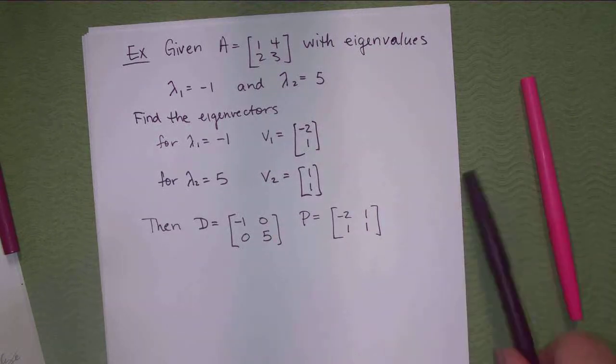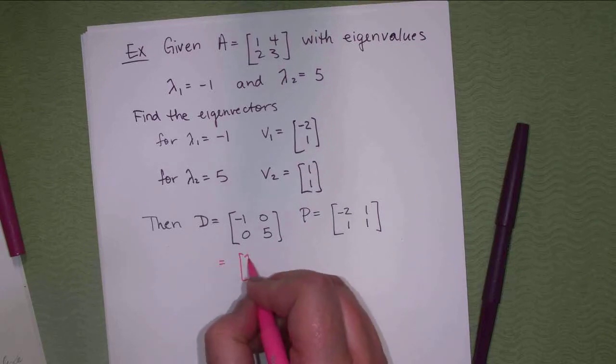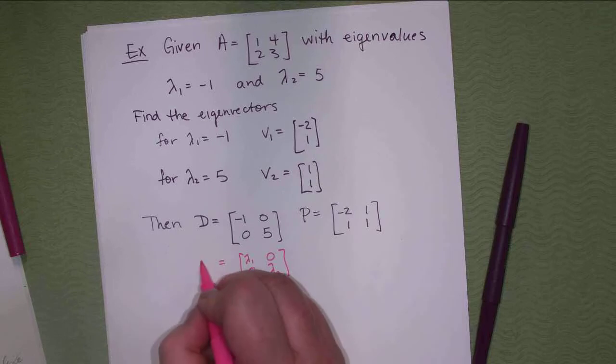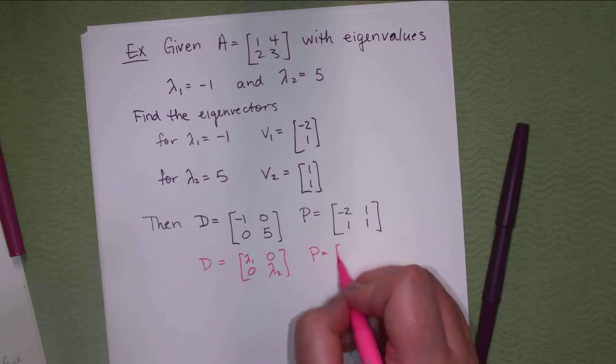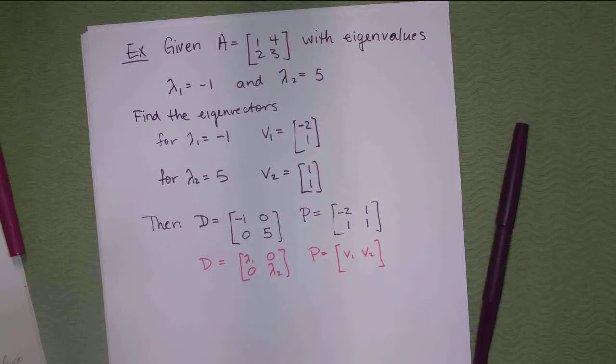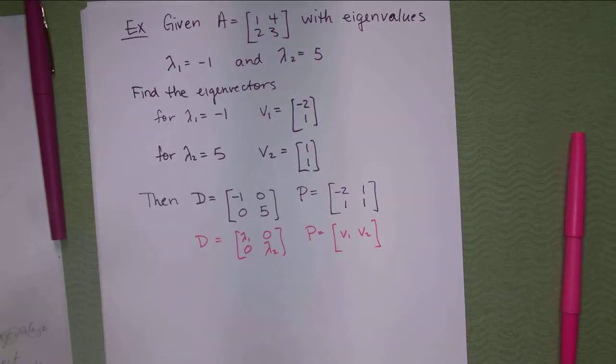And P is vector 1, vector 2, the same order that you write those.